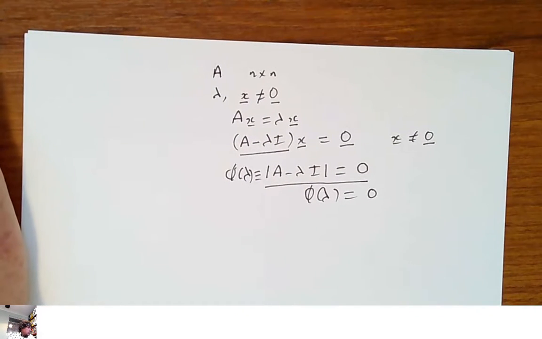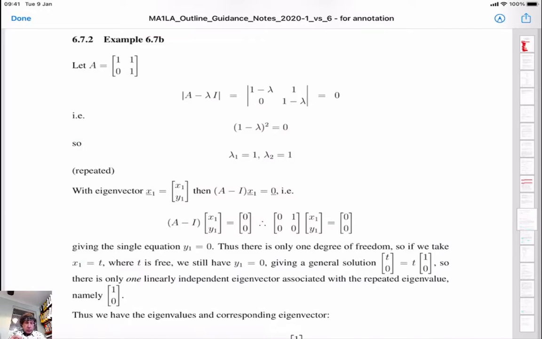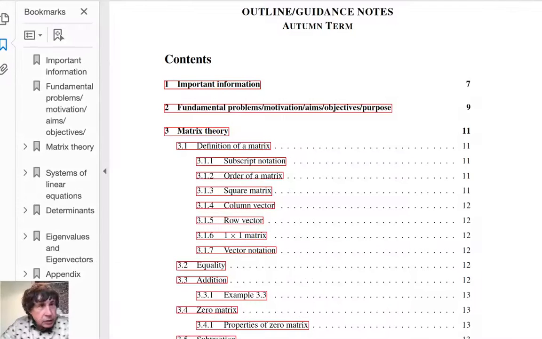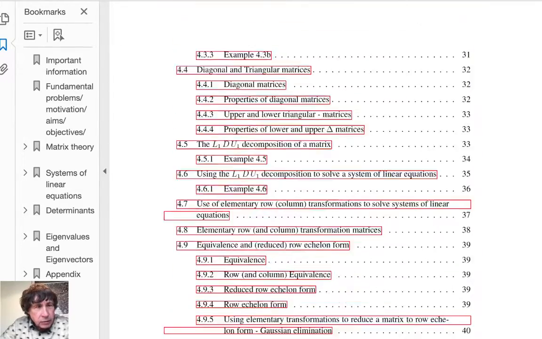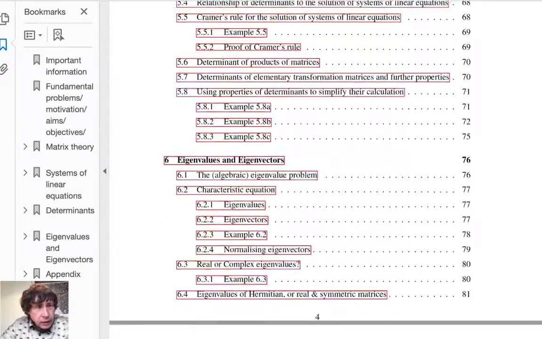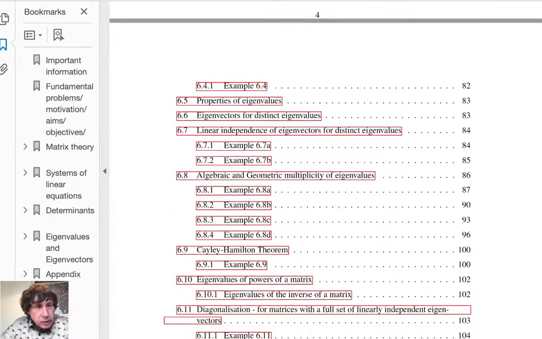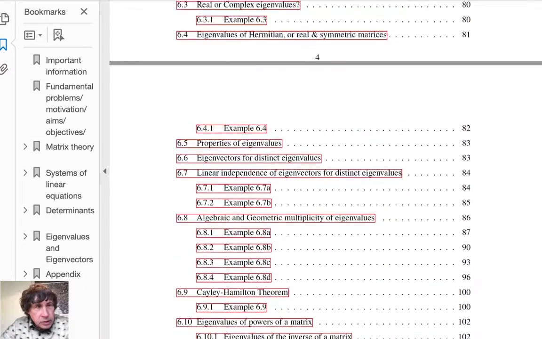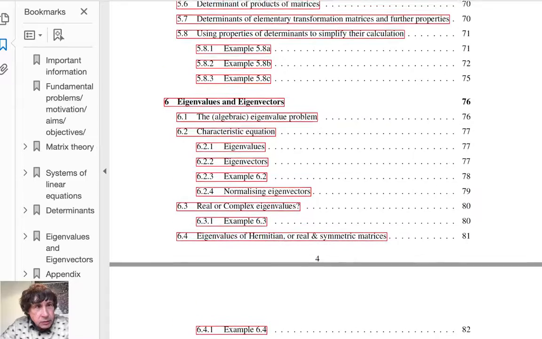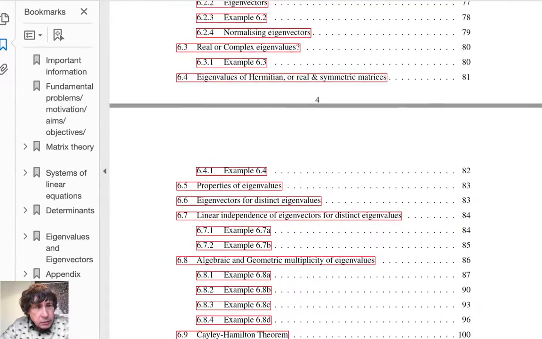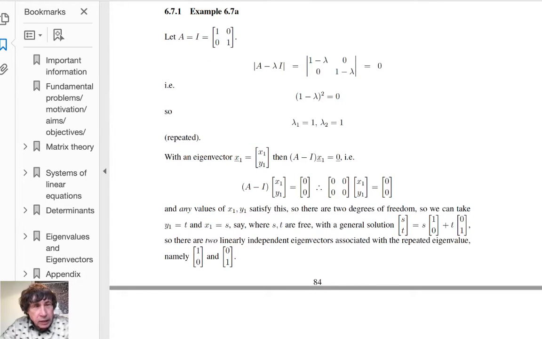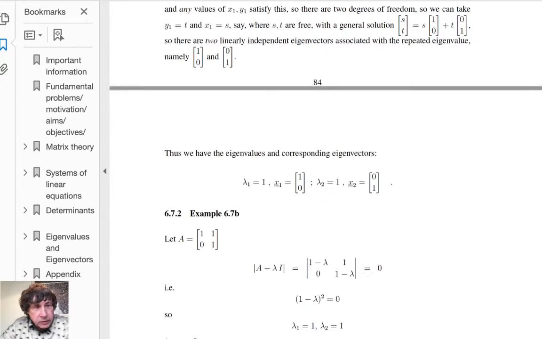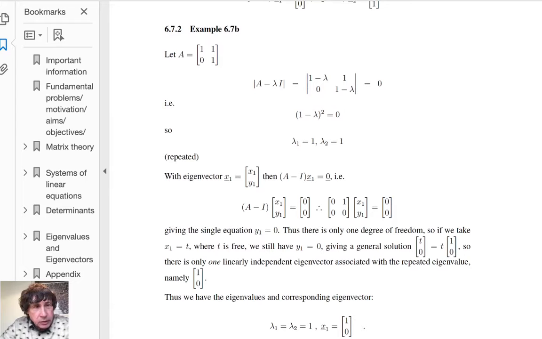So if we turn to the notes, the example that I'm looking at now can be found here, example 6.7a, which is the one we looked at last time, and following that, example 6.7b.